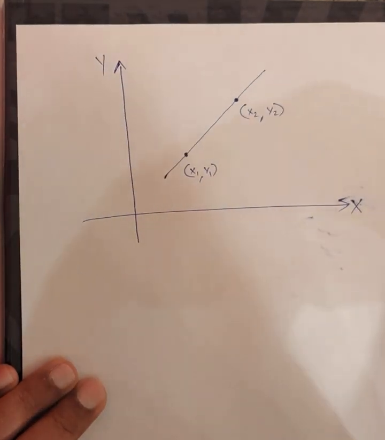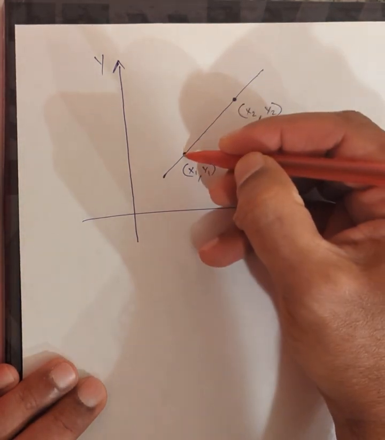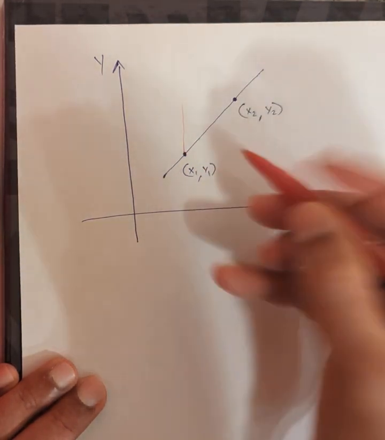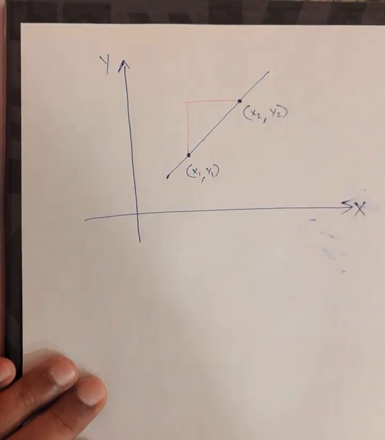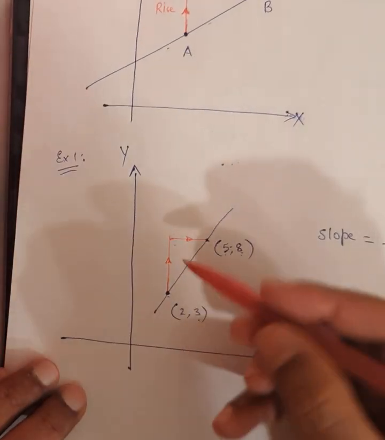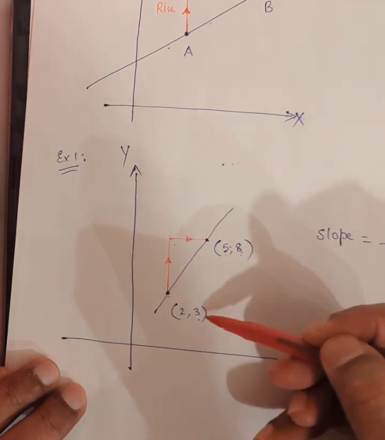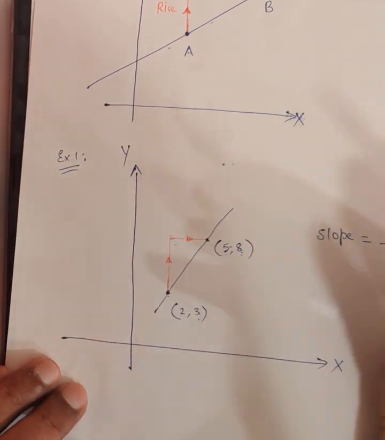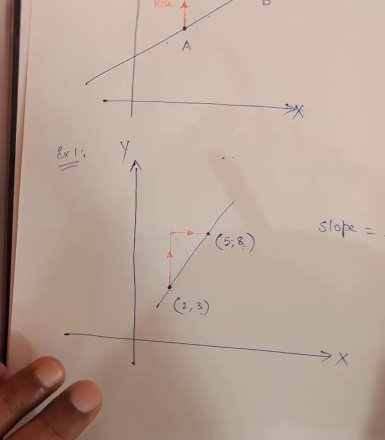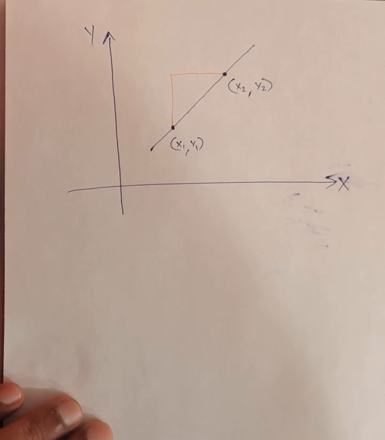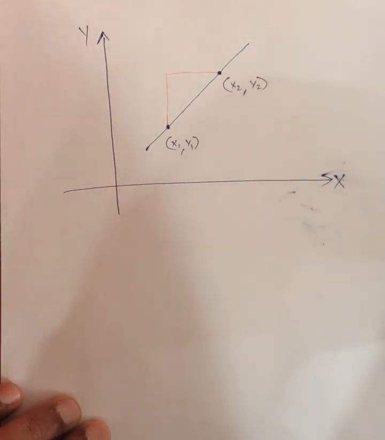So then the rise, just like in the previous example, when you look, this was 8 minus 3. So what did I do? I took y2 minus y1. I took the difference of the y coordinates, which is what I'm going to do here.